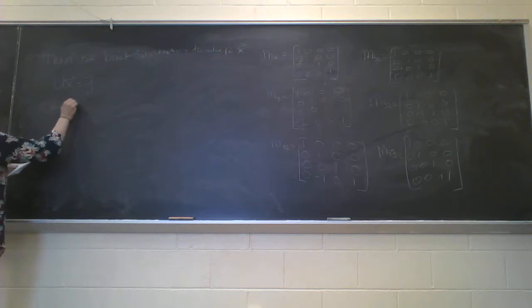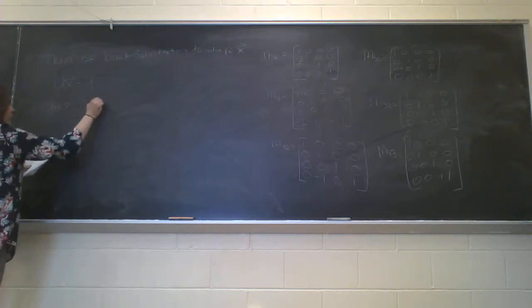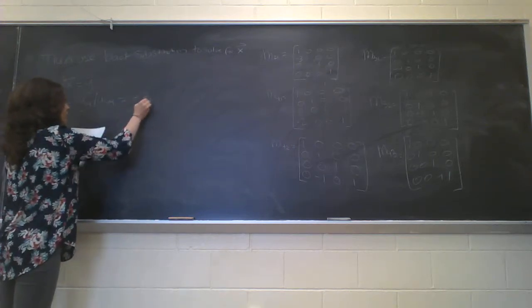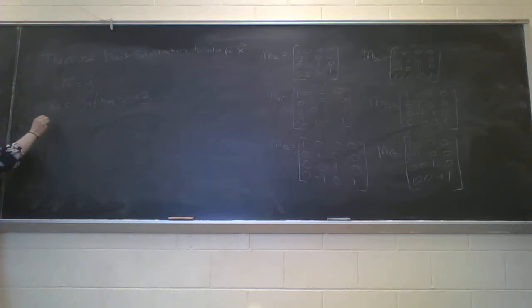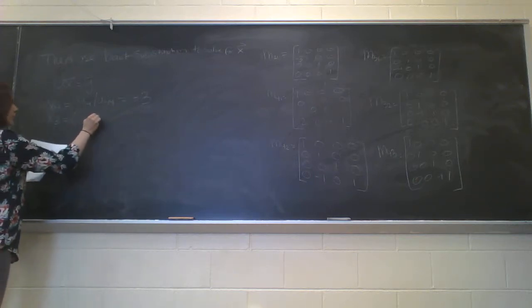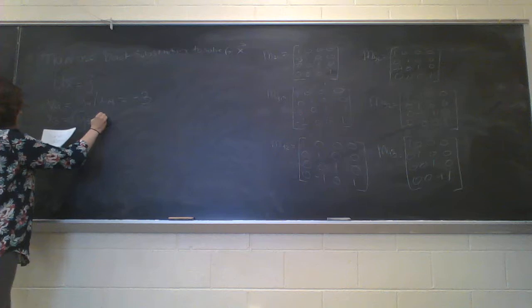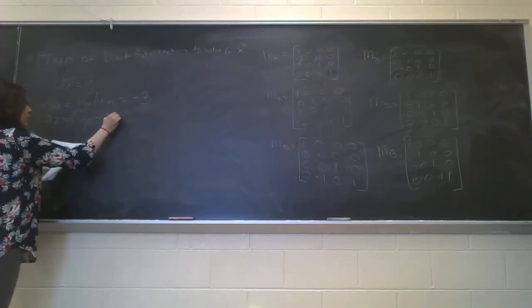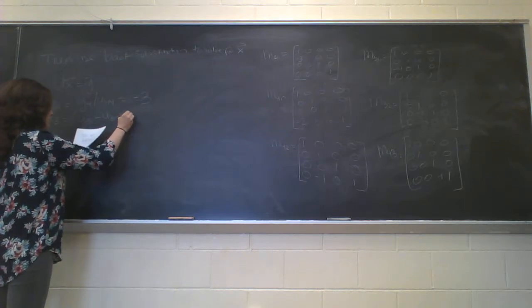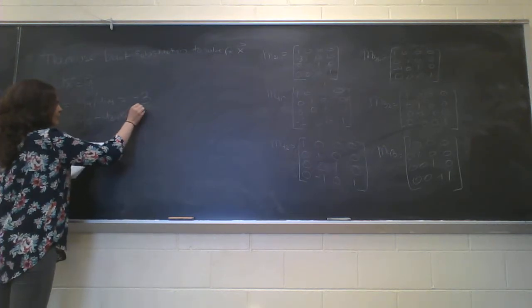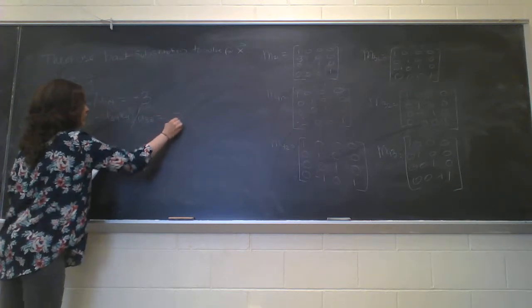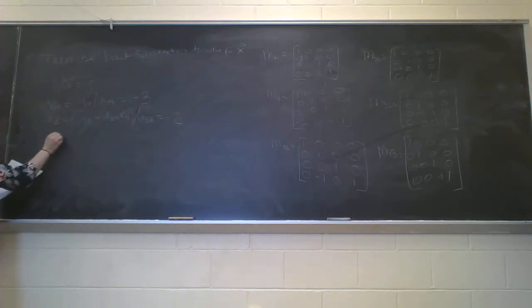So I've got x4 equals y4 divided by u44, and when we plug those variables in, we get -3. x3 is y3 minus u34 times x4 divided by u33. So that gives -2.